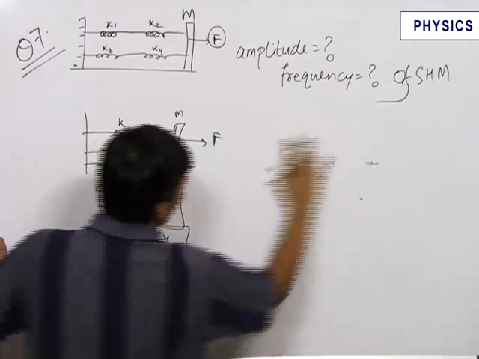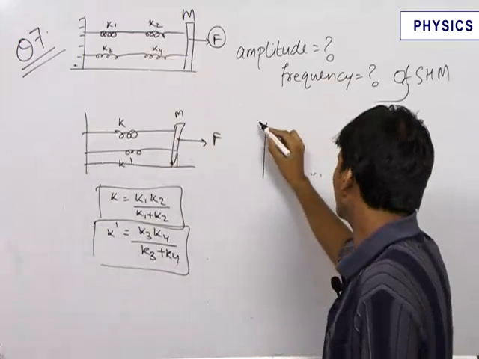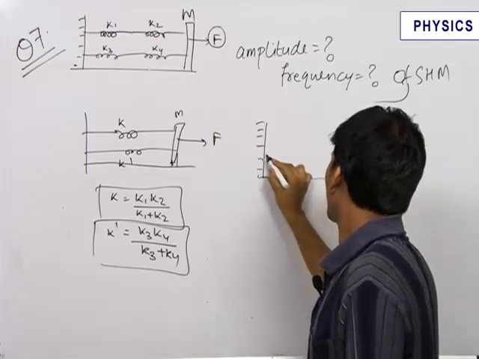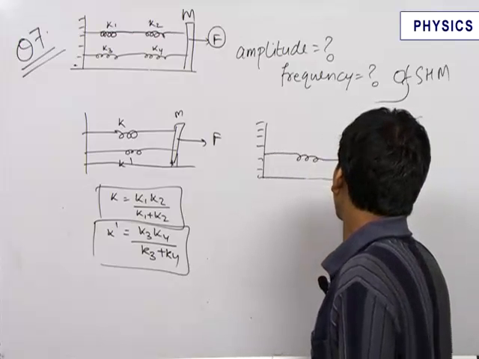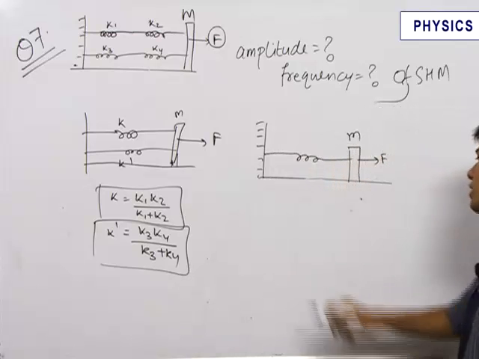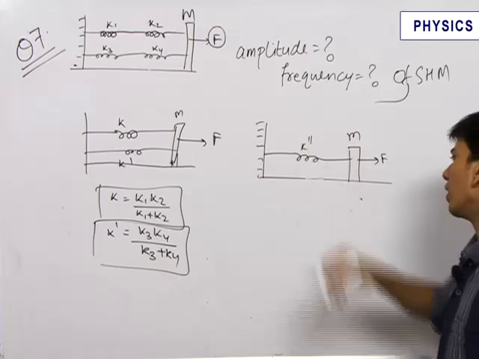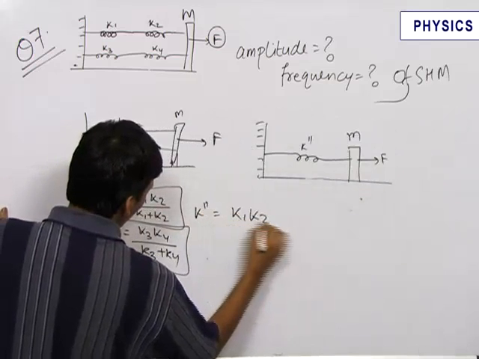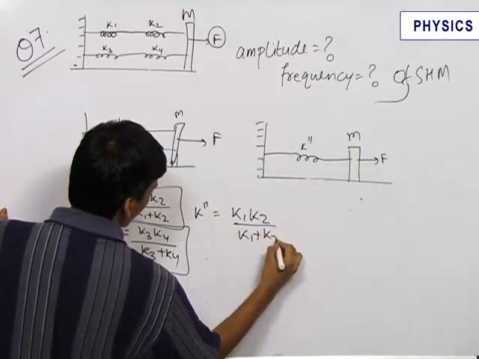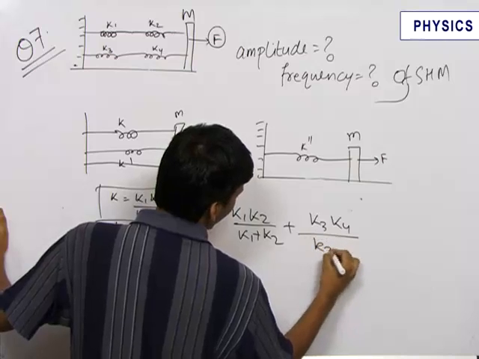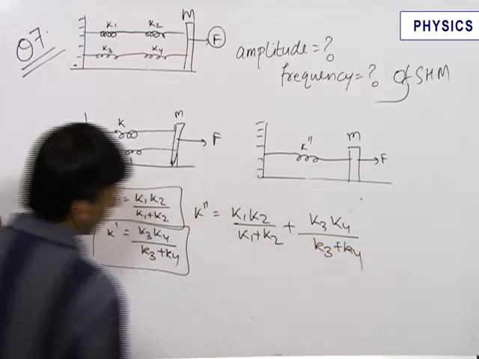So this whole system can be converted to a single spring and a mass with a constant force F acting, where K double dash is equal to K1 K2 upon K1 plus K2 plus K3 K4 upon K3 plus K4.